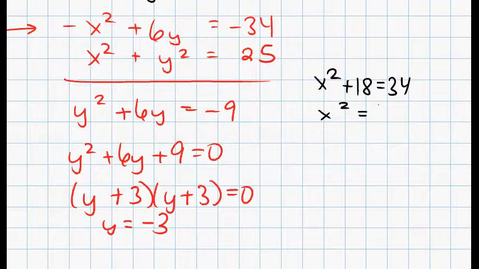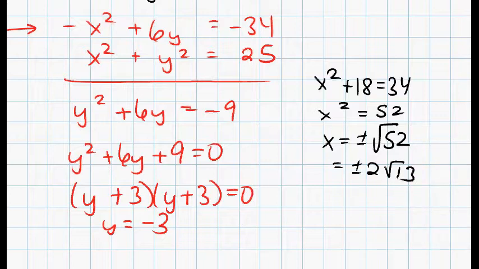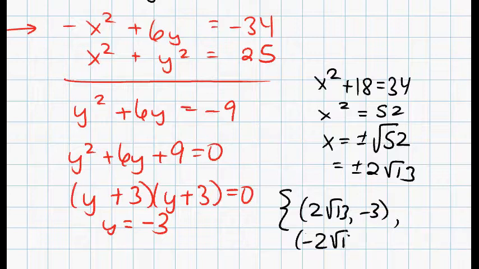X squared is therefore 52, and x is plus or minus the square root of 52, which is 2 root 13 if you prefer. So your solution set is 2 root 13, -3, and -2 root 13, -3. Again, you should graph that to verify that it is correct.